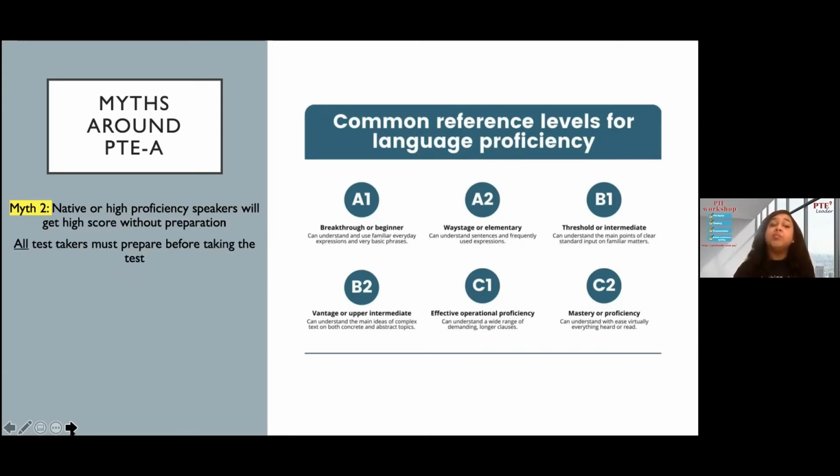All test takers must prepare before taking the test. So the emphasis is on the word all. All have to do it. Let's take an example. Just assume I drive, or you drive. Now you drive from your workplace to your home every single day. You are a very good driver. But then you have to renew your driving license and you have to give the test.